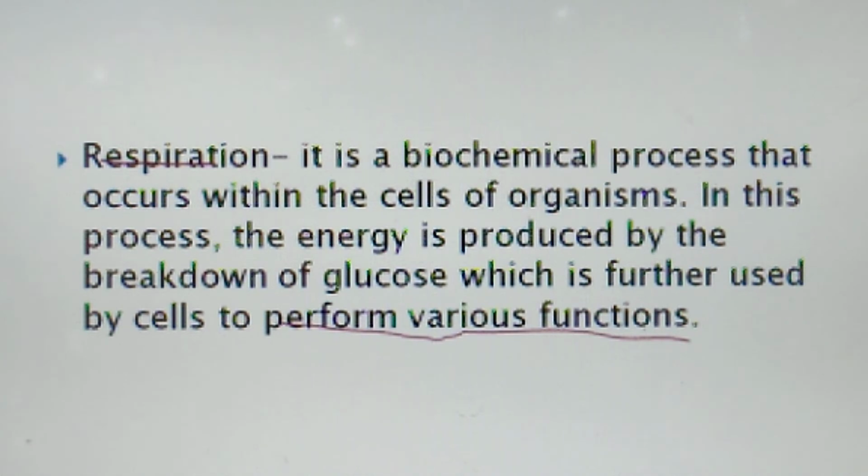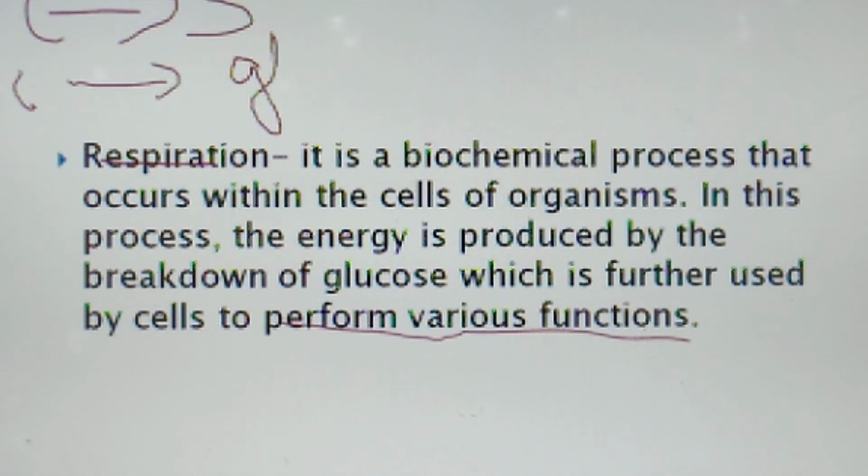Through digestion we have studied that complex substances are converted to simple substances. What are the complex substances here? Carbohydrate. Carbohydrate is converted to a simple substance that we call glucose. This glucose is absorbed by the cells, so the cells contain glucose.